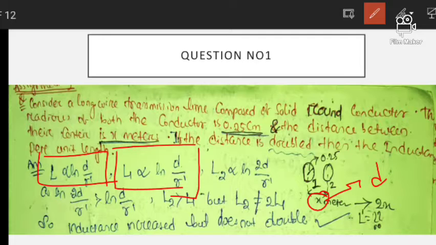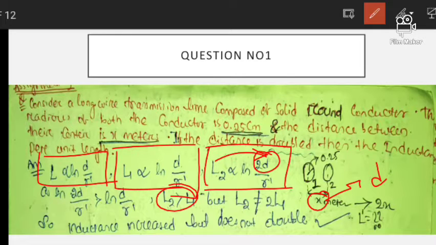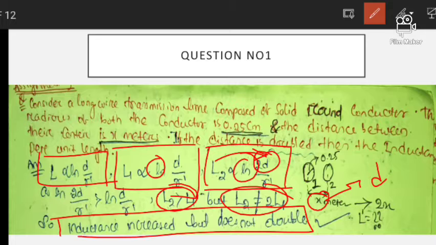Now we are increasing the distance to 2d, so it is ln 2d divided by r dash. So it is increasing but not doubling in nature. Why? Because it is logarithmic in term, that is why it is a logarithmic increase, but it is not double. Okay, so this is your answer to question number 1.